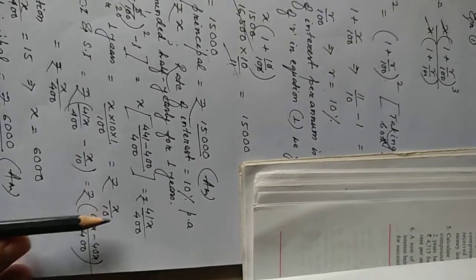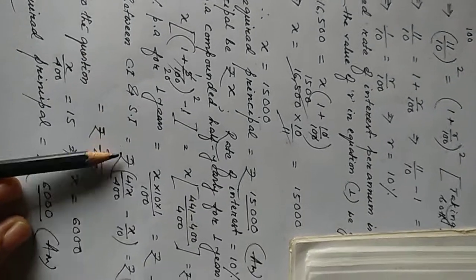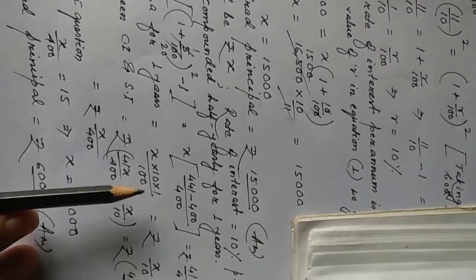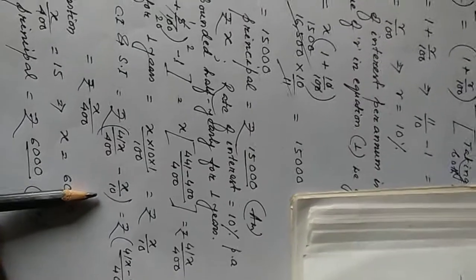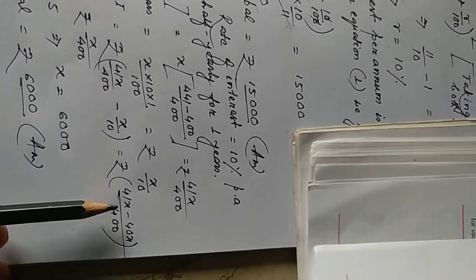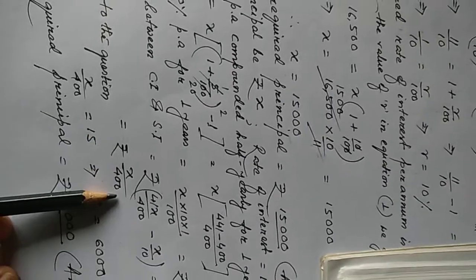That will be X into 10 into 1 by 100, so it will be X by 10. Now the difference between the compound interest and simple interest is 41X by 400 minus X by 10, that is equal to (41X minus 40X) by 400. So it will be X by 400.